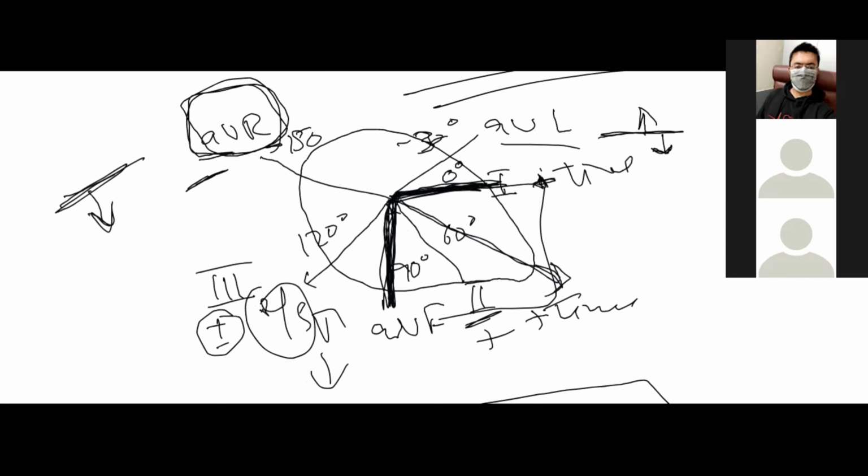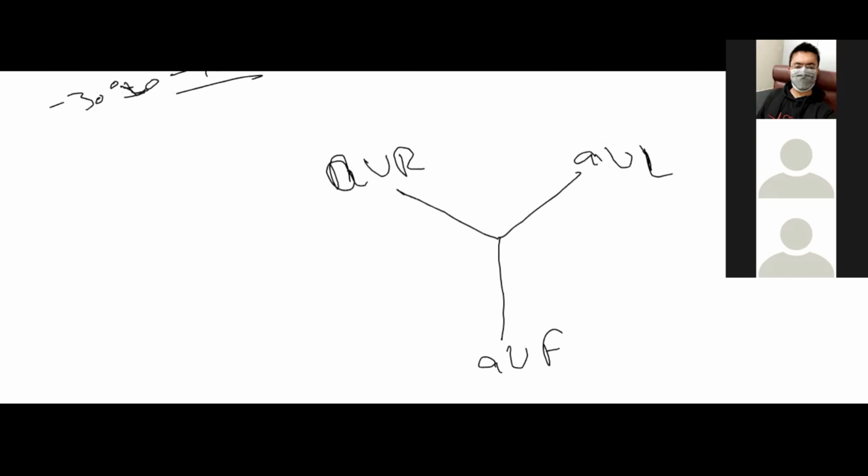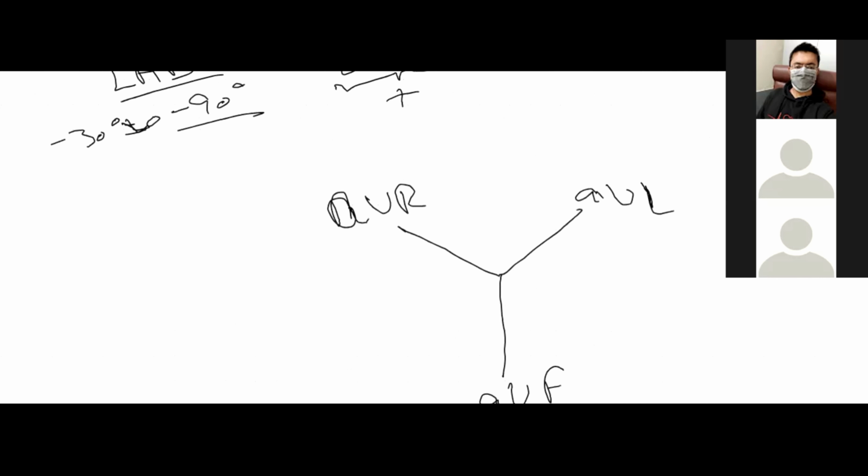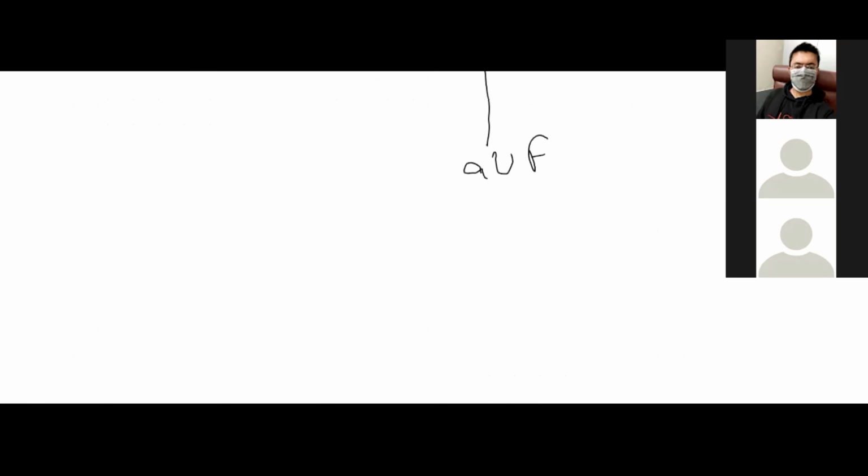So AVL was minus 30 degrees, AVR was minus 150 degrees, AVF was positive 90 degrees.